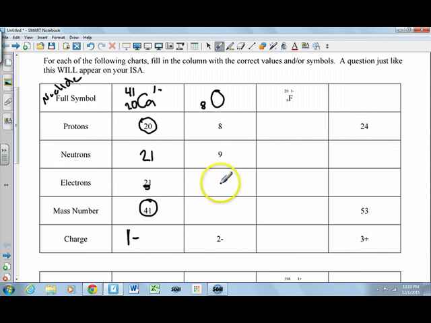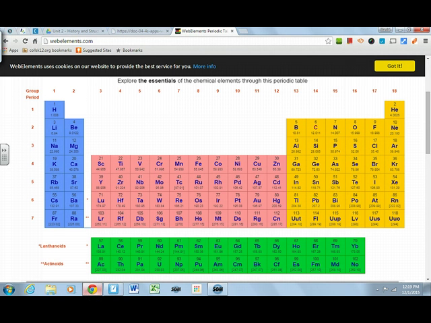Now we determine the mass number: 8 plus 9 is 17, so we put a 17 in here. A common mistake, do not do this, is using the value on the periodic table. That is a different value. That is the atomic mass, not the mass number. So do not use that.